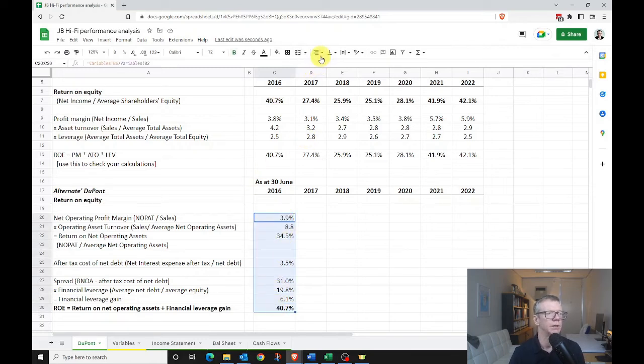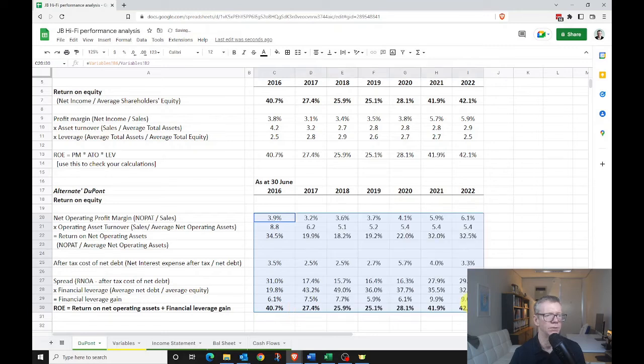So once again, let's make that even, and let's just drag that across. So again, what's the story that we're getting here? In this case, we can see it's the operating profit margin. So the NOPAT margin was increasing.